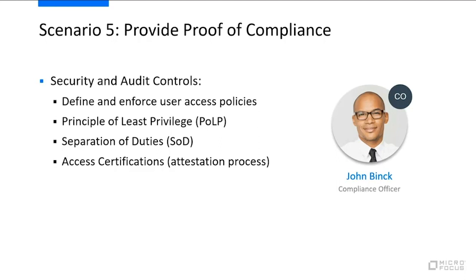And what separation of duties is: if we have two different types of access in the organization and they conflict with each other, we want to ensure that users requesting or attempting to gain these two accesses are either flat out denied, or they can be escalated to a different type of approval process so that the correct individual can act on that.